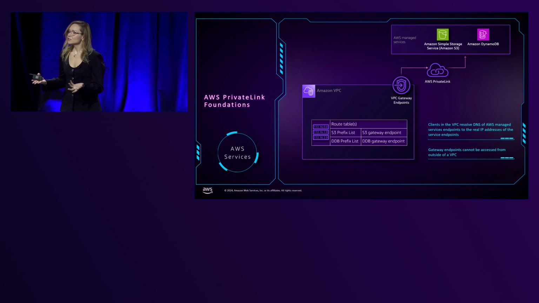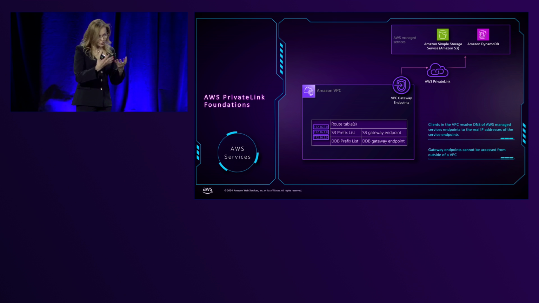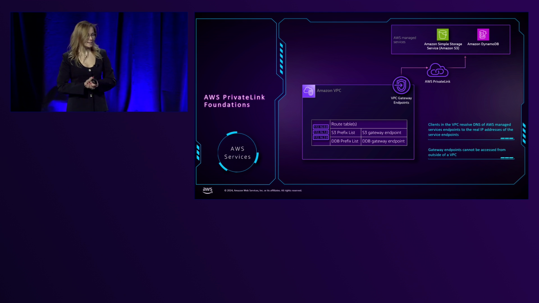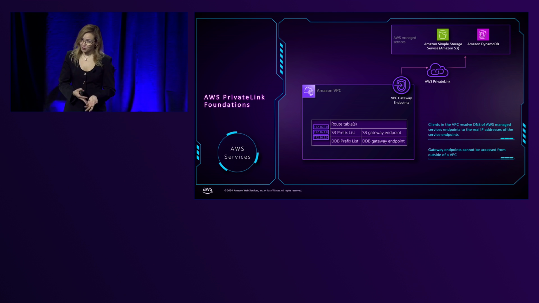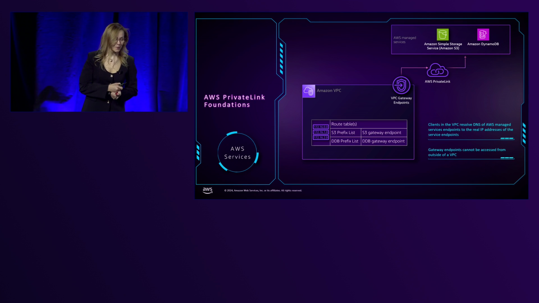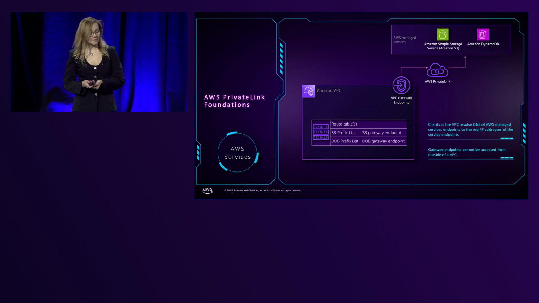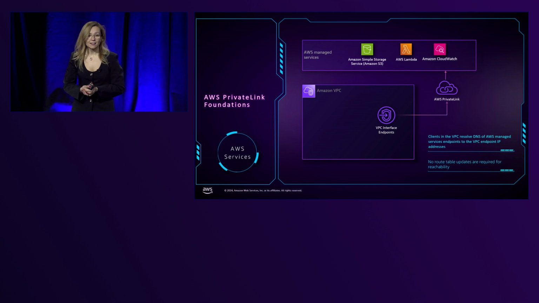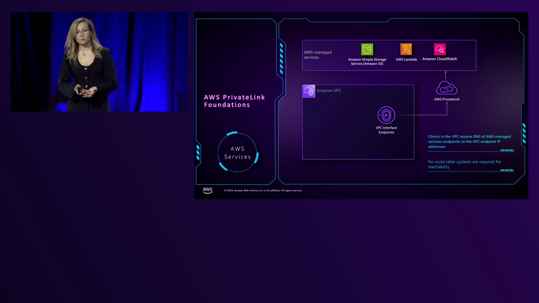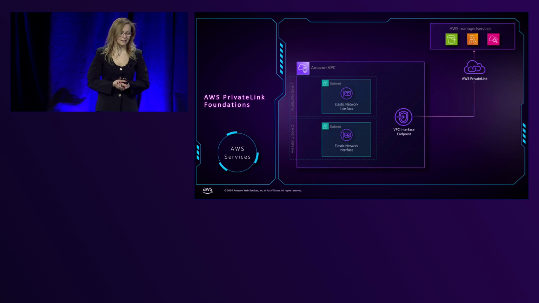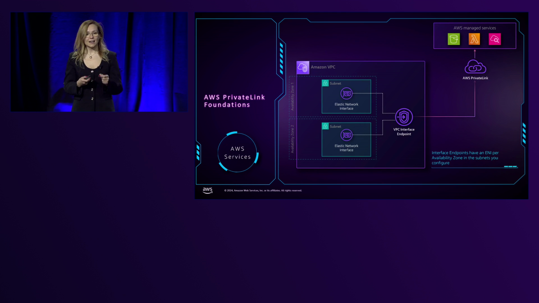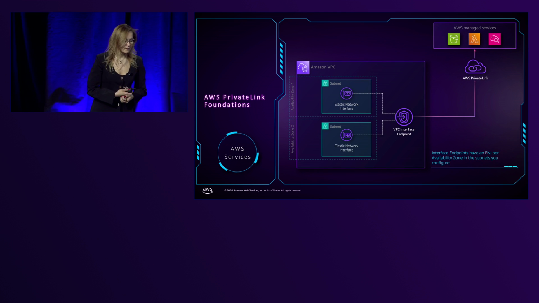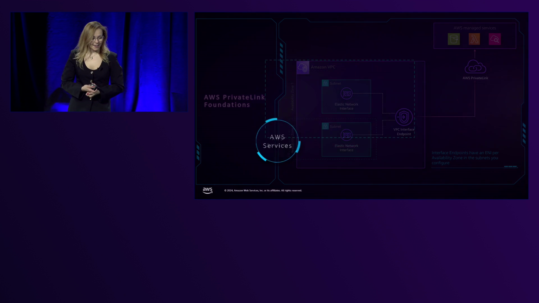These gateway endpoints do not use IP addresses from your VPC subnets, but they do require your route tables to be updated. And interface endpoints allow you to communicate to AWS managed services as well as your custom managed services by using elastic network interfaces in your VPC.